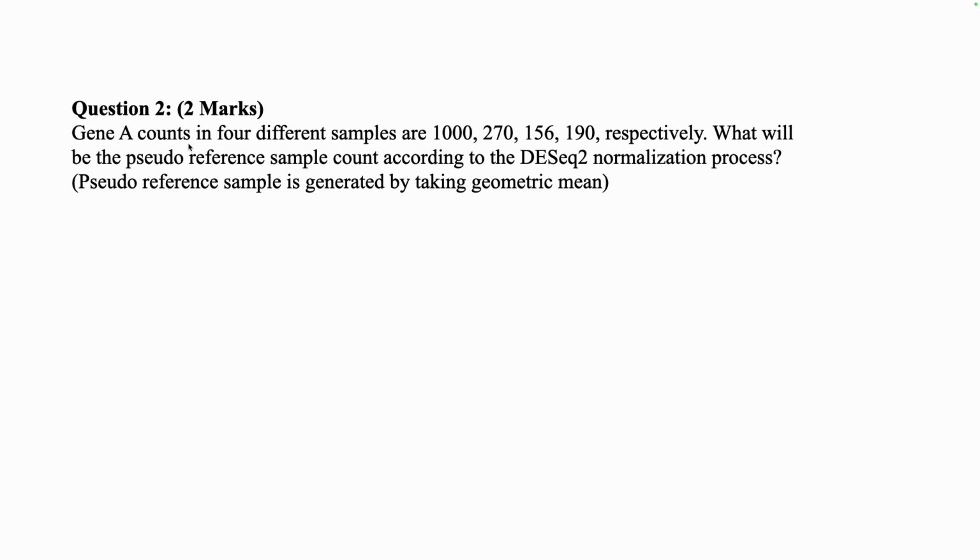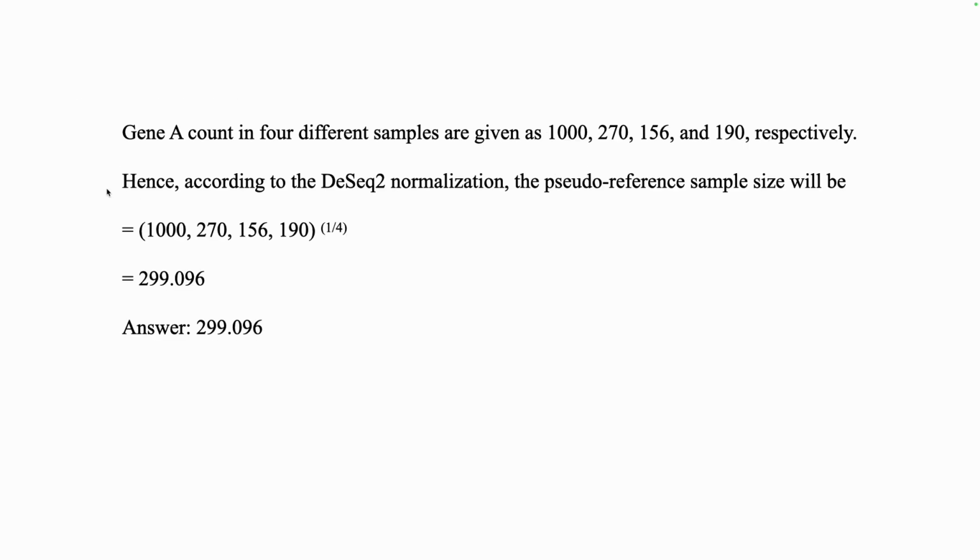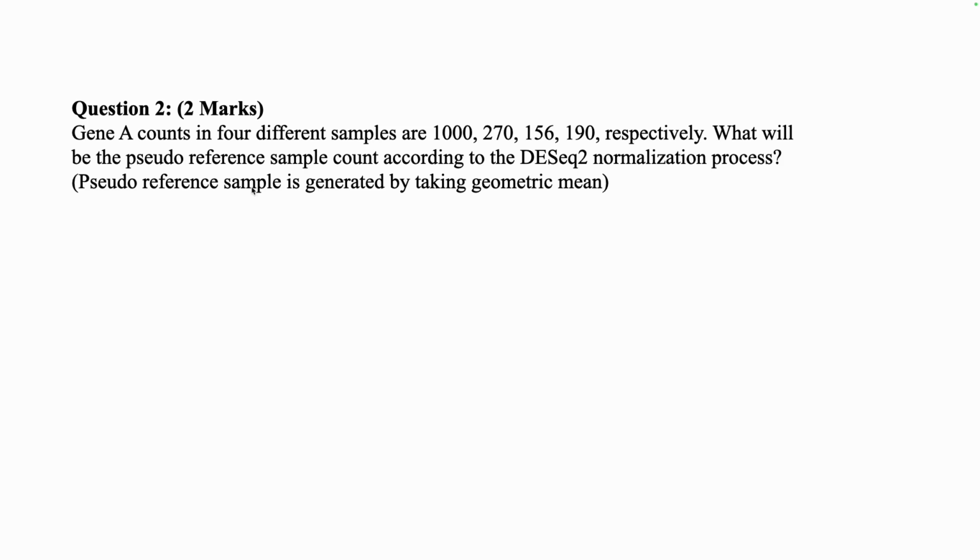So what is happening here is we have four samples, and for these four samples we are analyzing a gene, which is gene A in this case. For each sample, the read counts for gene A are given, which are 1000, 270, 156 and 190. So here they are doing DESeq2 normalization. For that you need to find a pseudo reference of the sample. It is already given how you find the pseudo reference sample: by taking a geometric mean.